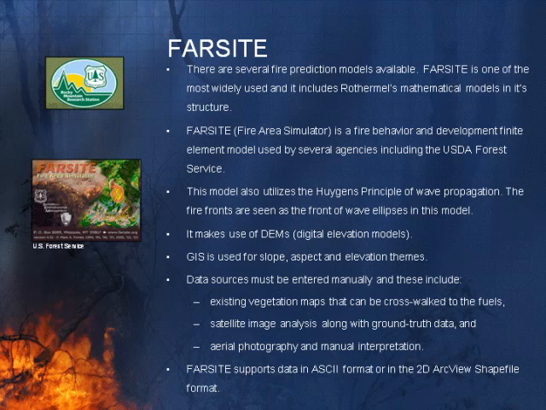Aerial photography, a lot of what's done is people will fly planes over these areas, and they can gather data this way. In fact, most maps that you can get at a map library, like the one on UGA campus, are based on flights rather than satellite. The historical data, there's tons of them. FARSITE supports data in ASCII format, and you can plug it into 2D ArcView if you're using ArcView.